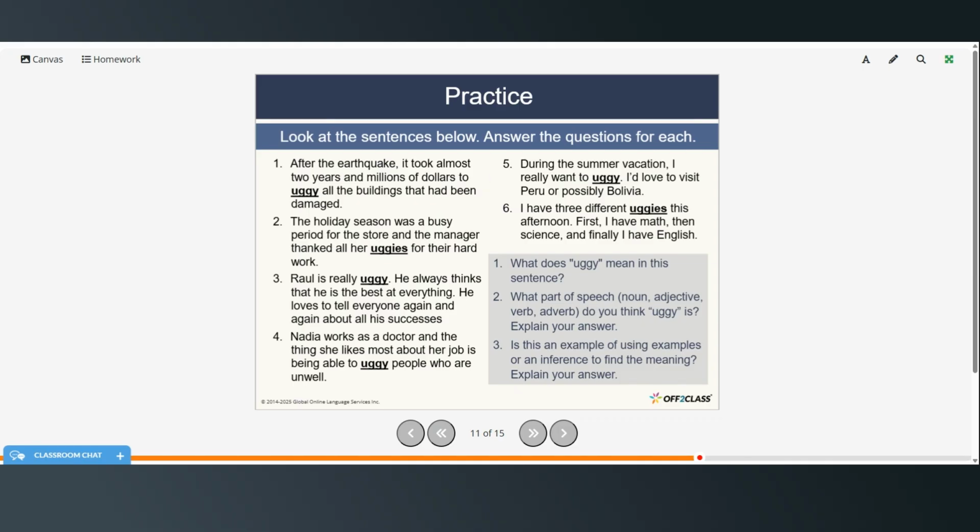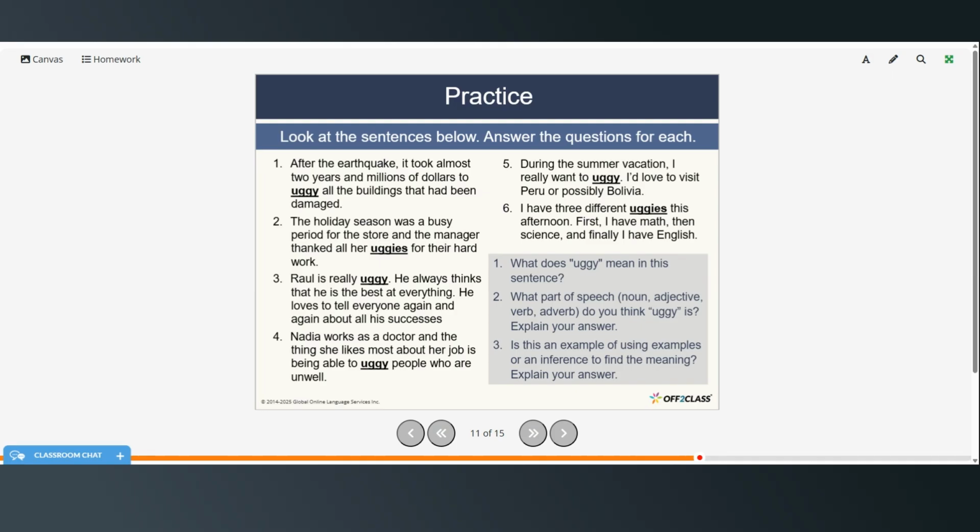So after the earthquake, it took almost 2 years and millions of dollars to ugly all the buildings that had been damaged. So here, ugly probably means to repair or rebuild. The part of speech would be a verb.